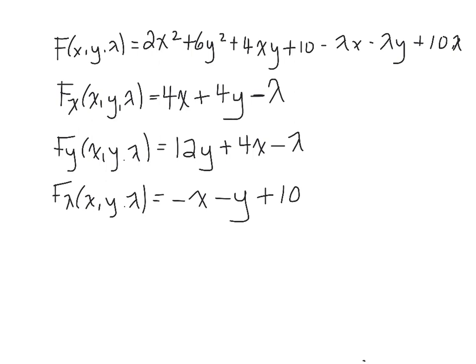What are our next steps? We had solved our partial derivatives in prior questions by using the process of elimination or substitution, knowing that we had 2 equations and 2 unknowns. In this case, we're going to take a little different path, and we're going to set the first derivatives equal to 0.